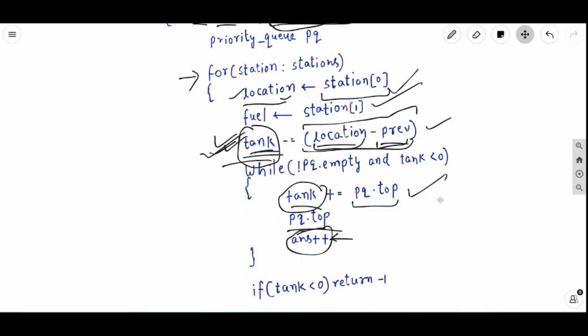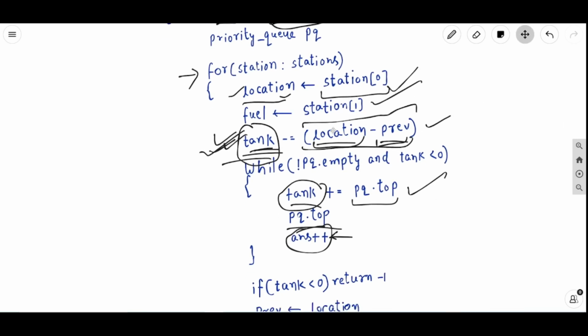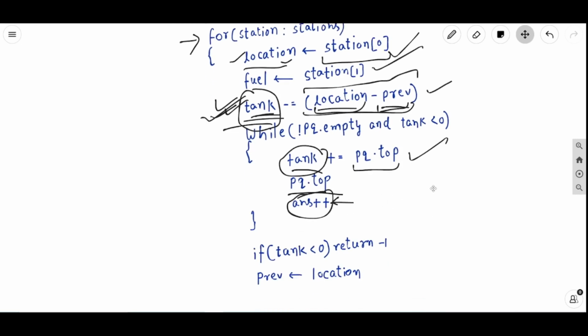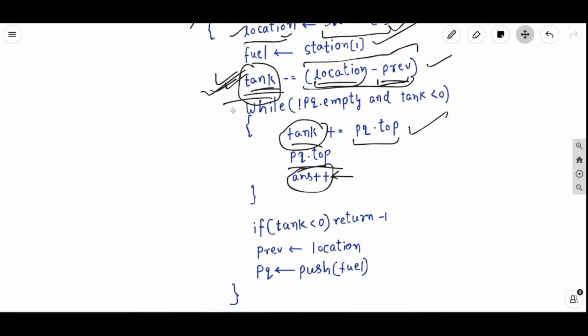In this fashion, I will iterate over every gas station and repeat this procedure. There can be a scenario where even after refilling at every station, I am unable to reach the location. How would I check that? Simply by this condition.